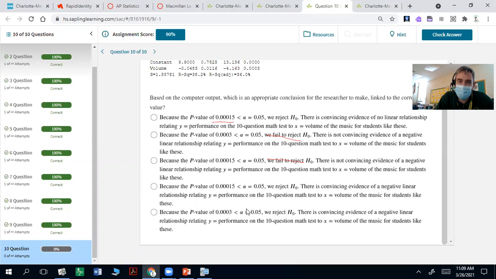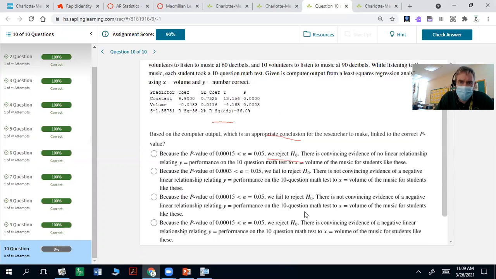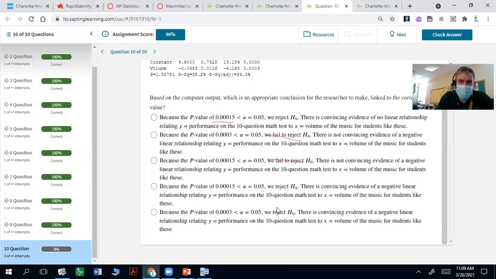And the last one, because the p-value of 0.0003 is less than alpha, there is convincing evidence of a negative linear relationship relating Y equals the performance on the 10 questions. Well, on this problem here, there is convincing evidence of a negative linear relationship because it's negative.